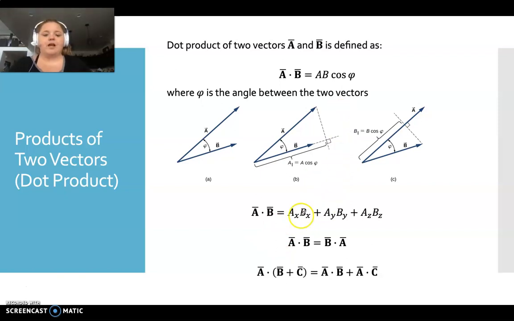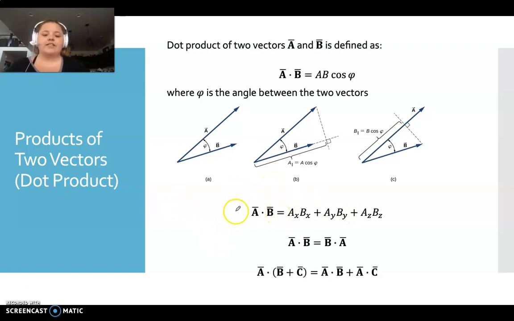Okay, so when we do this, as I stated before, this is the definition of it, but we can also take it into its components. So if we don't know the angle between the two vectors, we can also put it into its component form and break it down this way.